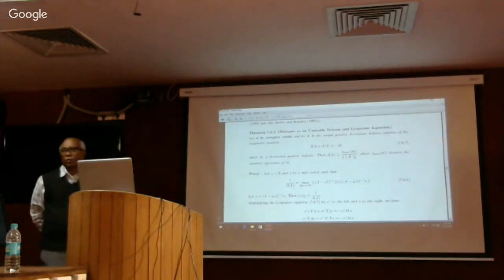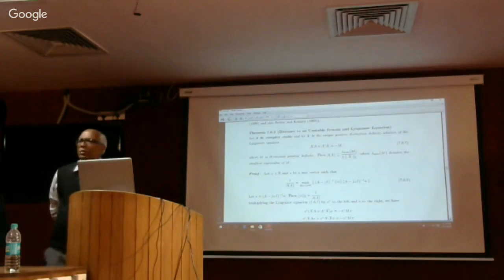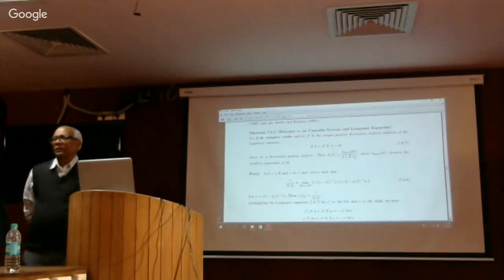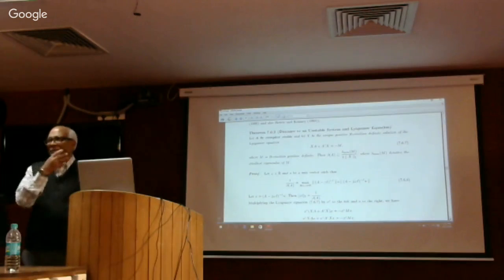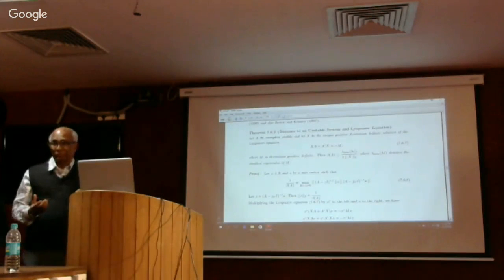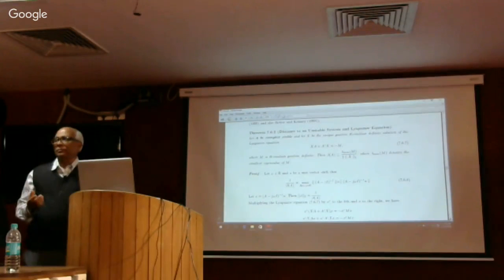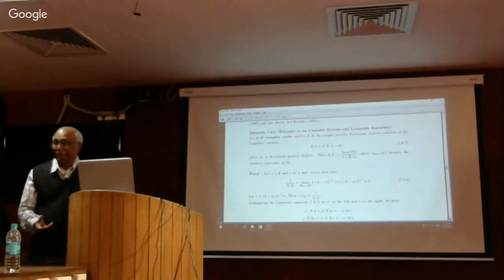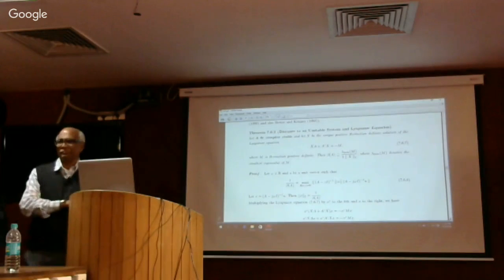So again, it shows that the Lyapunov matrix equation is so important in control applications. This theorem does not give you the beta of A as such, but it gives you some bound.